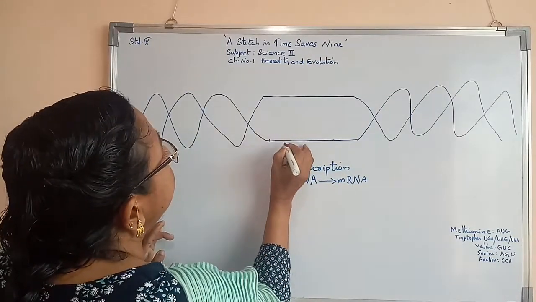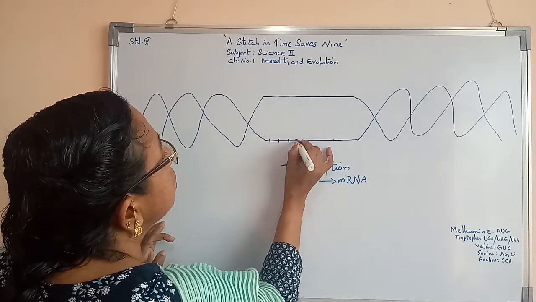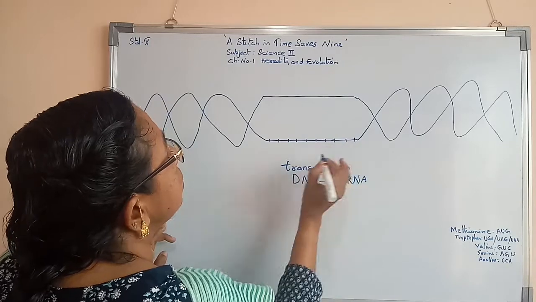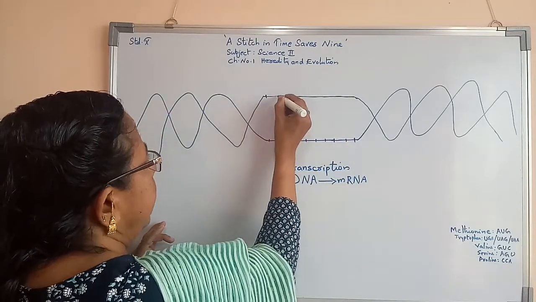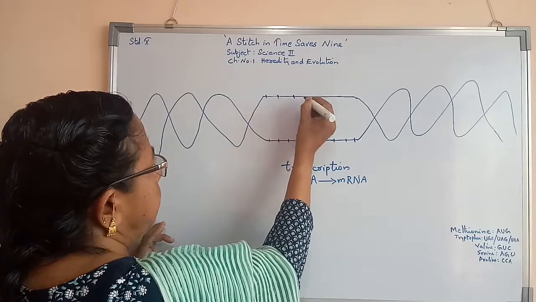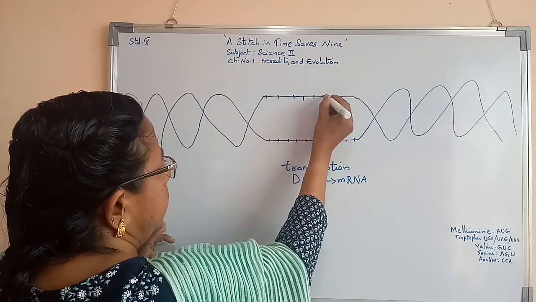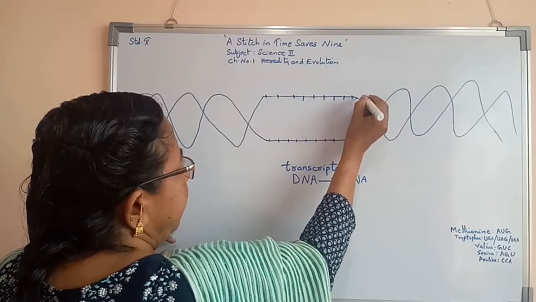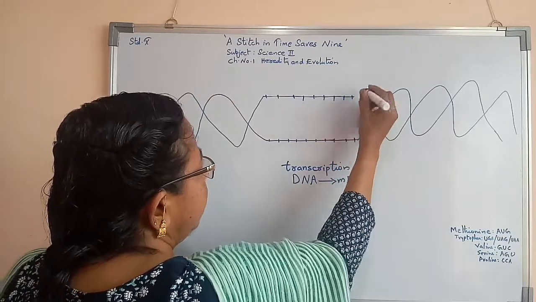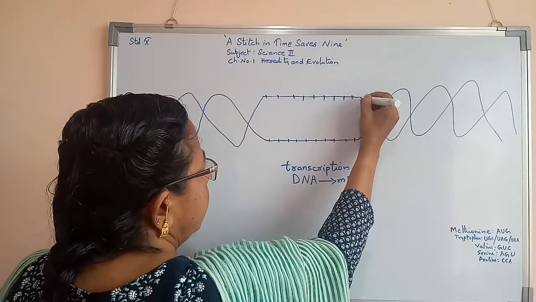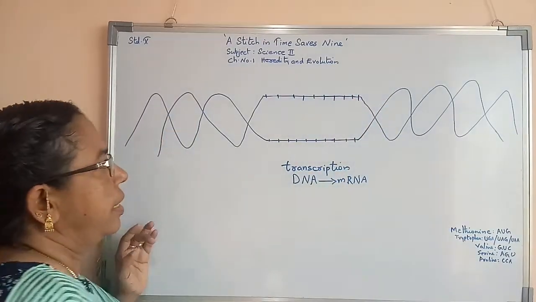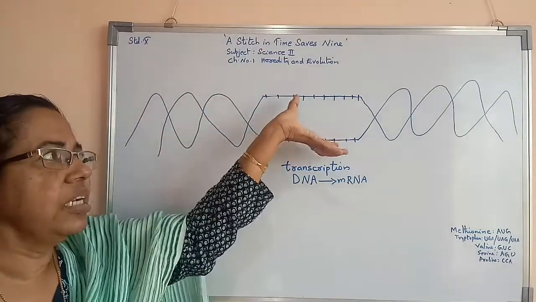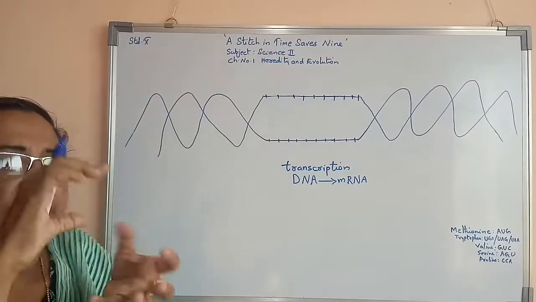Here now again I am making the nucleotides or nitrogen bases. Like that, there will be a large number of nitrogen bases in one strand, one coil, one spring-like part.